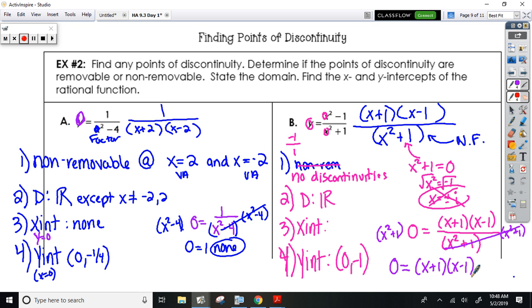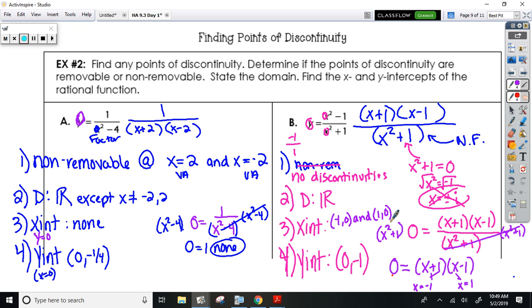We have 2 binomials. So the zero product property says that if these two things equal 0, either one of them is 0 or the other of them is 0. So you're actually going to get two x-intercepts, setting each one of them equal to 0 like we did back in chapter 5. We should get -1 and +1. So you actually have two x-intercepts, (-1, 0) and (+1, 0).